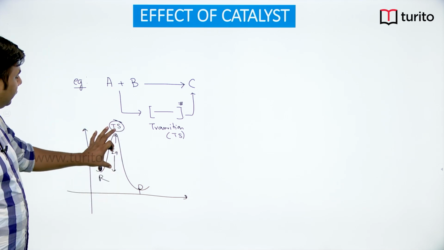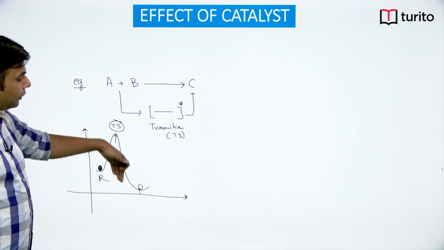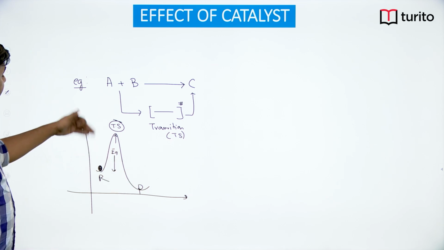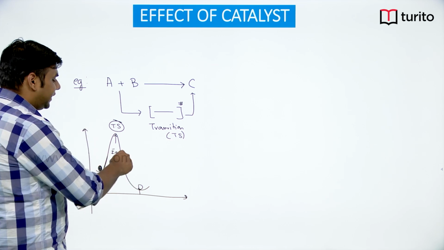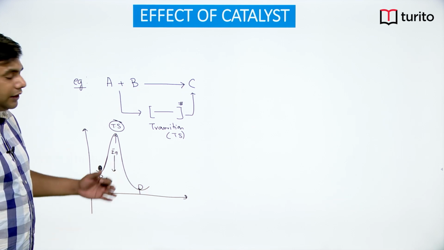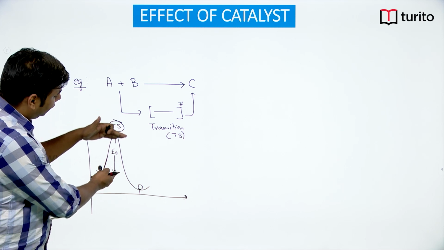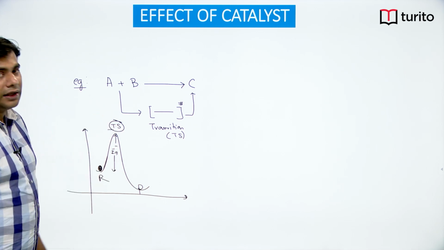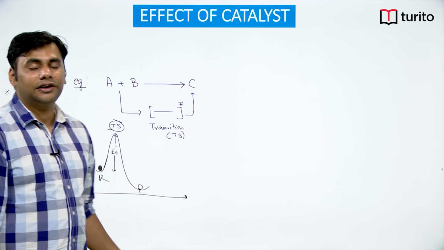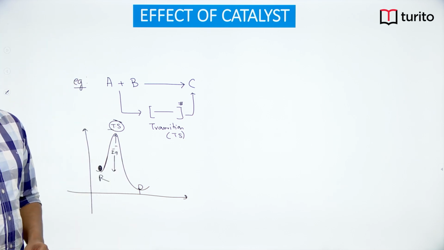If the reactant molecules are given the activation energy, they will cross the barrier. If somehow the activation energy decreases, and the barrier comes down over here, the reaction would become faster.